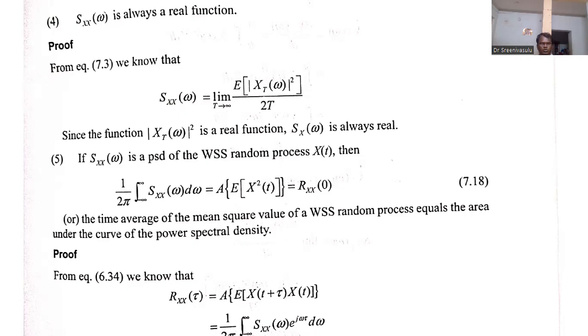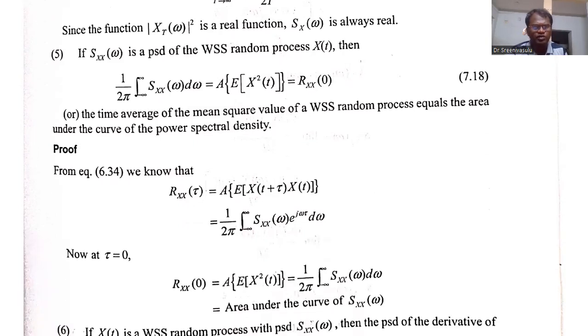It is equal to the expected value of x square of t. It is nothing but the power, the average mean power.